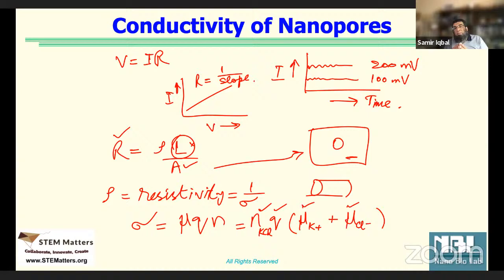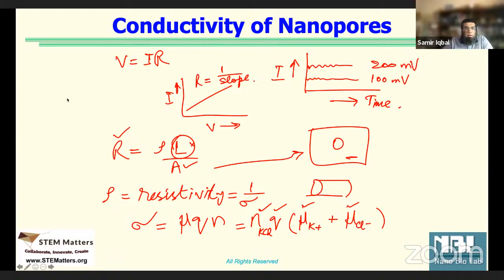When you talk about the resistive nature of the pore, that can be modeled just like a resistance, what we call Ohm's law, V equals IR, because for a pore, if you increase the voltage, more ions will flow through, which means the current will go up. And it has also been shown that the fundamental relation of resistance with mobility and conductivity is rho L over A, or resistivity.